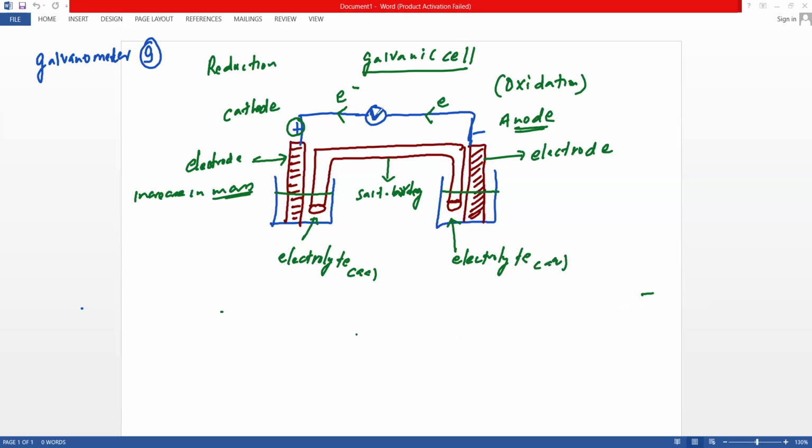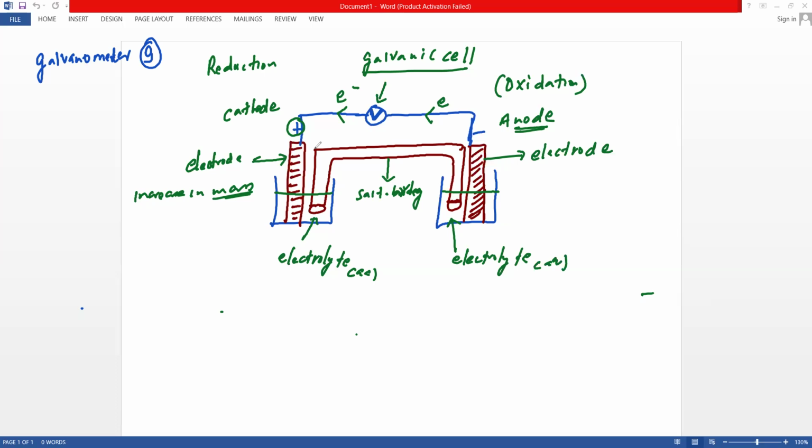And there is a voltmeter connected across the electrodes. And always electrons flow from anode to cathode, and the reaction is spontaneous.